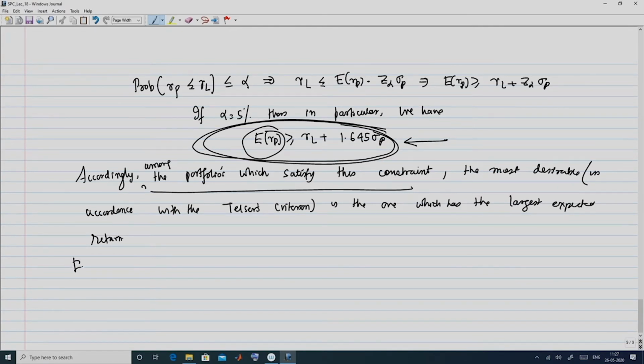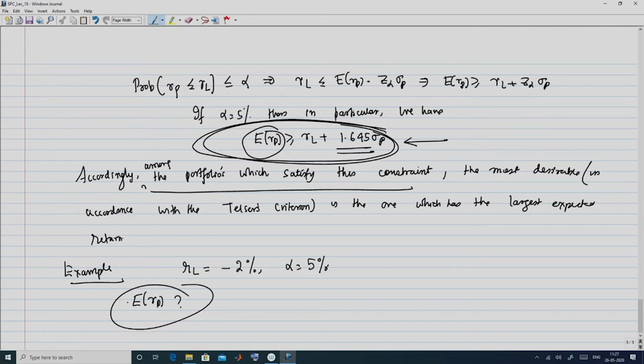Okay, so now we consider the example again that we have seen earlier. Now, since in this case I need to pre-specify my RL and alpha, I take my RL to be equal to say minus 2% and alpha equal to 5%. So that corresponds to 1.645. So then what is going to be the E of RP in all these cases?